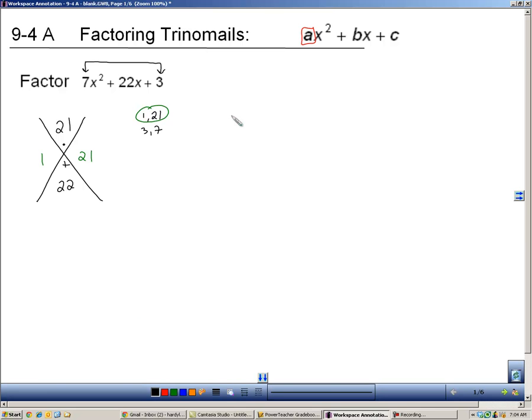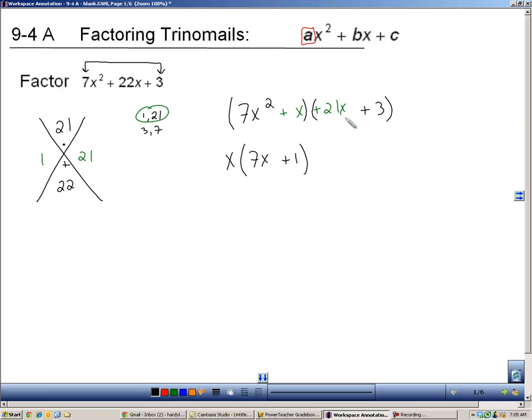So I'm going to rewrite my trinomial: 7x squared in the front, plus 3 in the back, and the middle term is going to be plus 1x and then plus 21x. So far this is almost identical to what we were doing before, except this number in front isn't a 1, and so now I've got to figure out what the GCF is here. It's an x, leaving a 7x plus 1 behind.